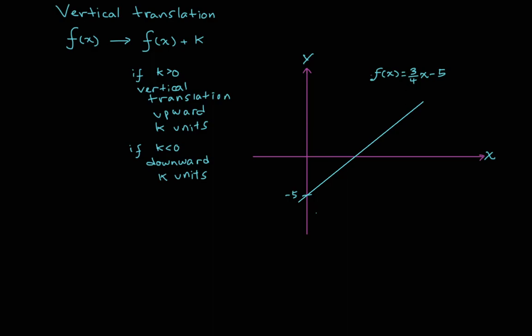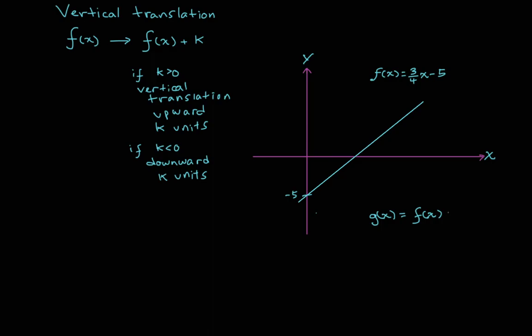You might be familiar with seeing y here, and that's essentially what this f of x means. It's just saying we have some expression, some function in terms of our variable x, our independent variable. Okay, so if we're going to do a vertical translation of k units, I might make a new function. Let's call it g of x. And it's going to just be f of x plus some number of units.